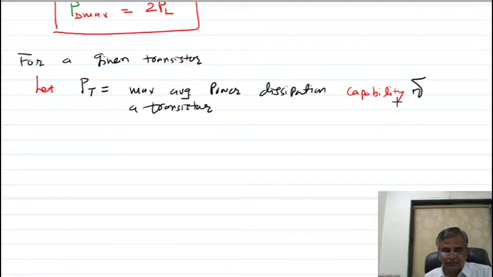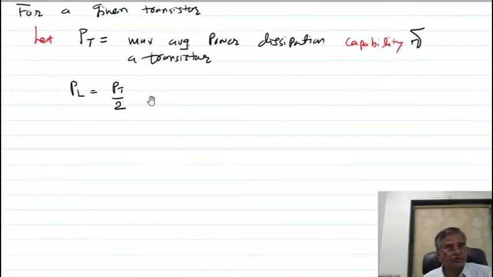For a given transistor, if PT is the maximum average power dissipation capability, then at the most you can deliver only half of this power to the load, not more than that. See, PT and PD are both different. PT is given by the transistor manufacturer. PD max is in your hand.